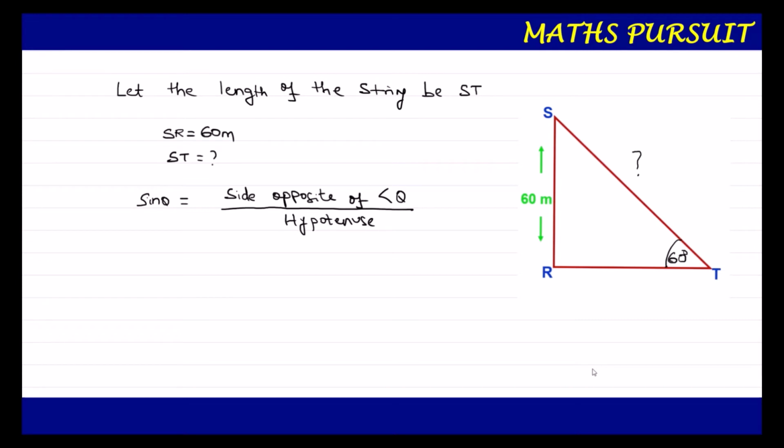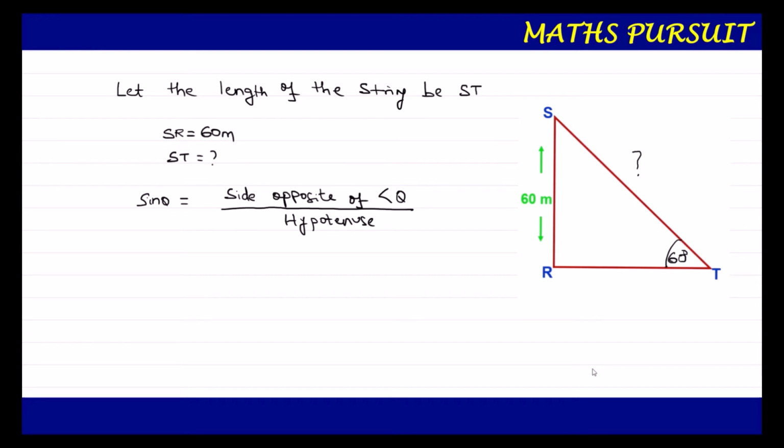If we are very well acquainted with this, then we can easily understand which one to use. Here I considered sin theta because sin theta covers the height and the hypotenuse. If this height was not given, and they had given the distance from this point R to T, then we would have taken cos theta.